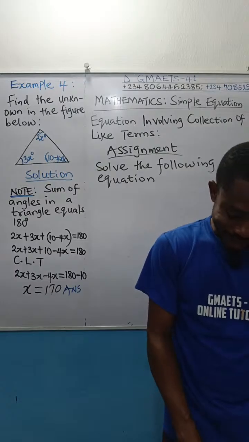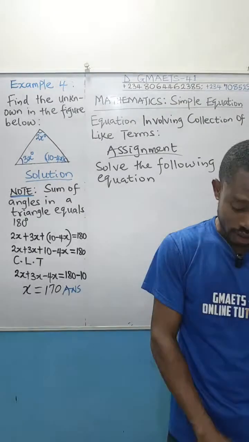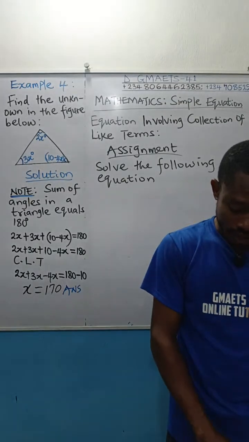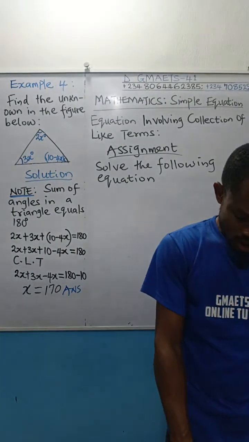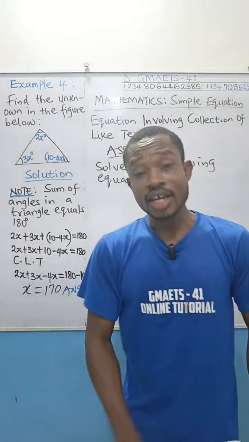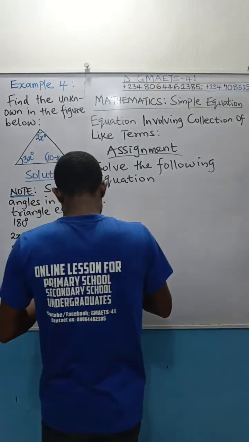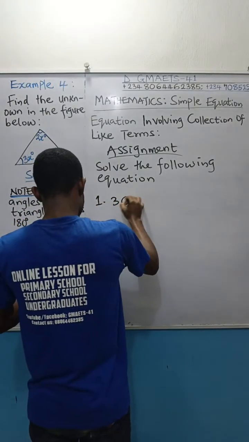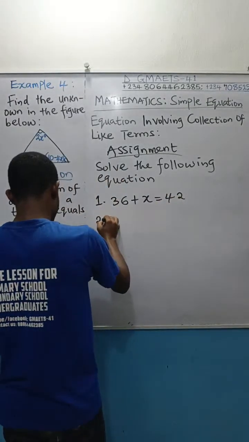Like I said, the things you are learning here will help you to be able to survive well in your school work. Okay, so let's see. These are the questions. Number 1, 36 plus x equal to 42. Simple questions. Nothing is there.